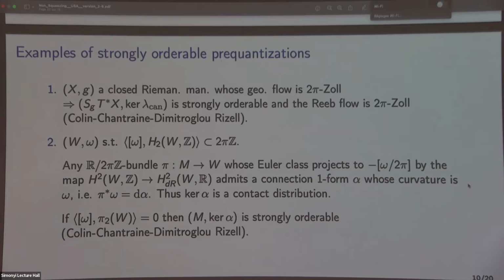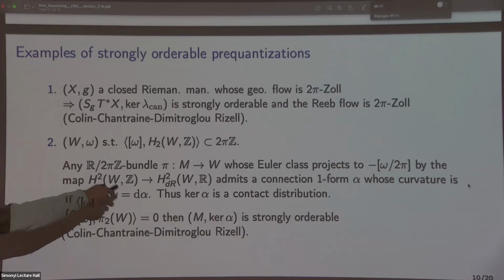Okay. I guess maybe I'm asking another silly question, but what is your definition of prequantization? Because my internal definition was a contact manifold that arises from exactly this construction. Yeah, I think every prequantization arises like this. You're right, this was not my definition of prequantization, but I think they are equivalent. What was your definition of prequantization?